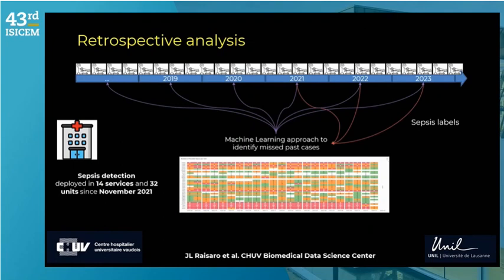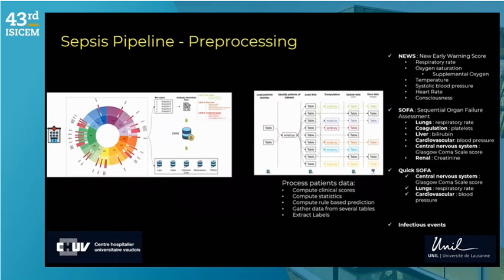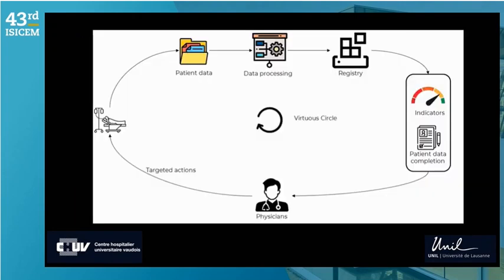They used a machine learning approach to identify missed sepsis cases over a 4-year duration. This is the pipeline and pre-processing, with more than 20 variables used across 14 services in the intermediate care unit.